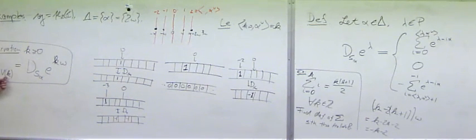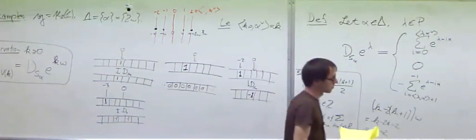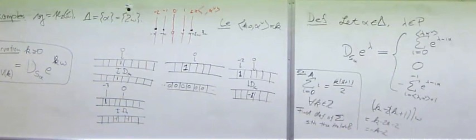We know the character. For example, here we did the computation. We know this is the character of V2, right? So there's e to the 2 omega, e to the 0 omega, e to the -2 omega. And we obtained this naturally just by starting with e to the 2 omega and then applying this operator.